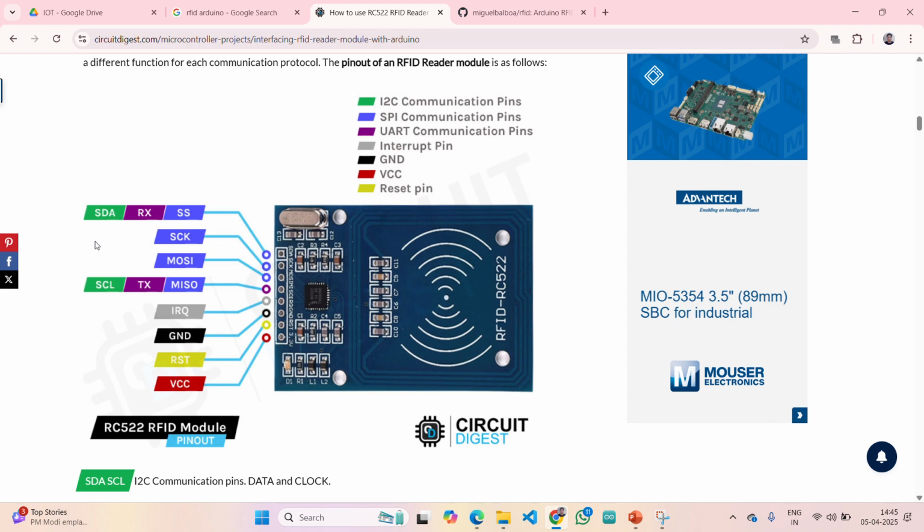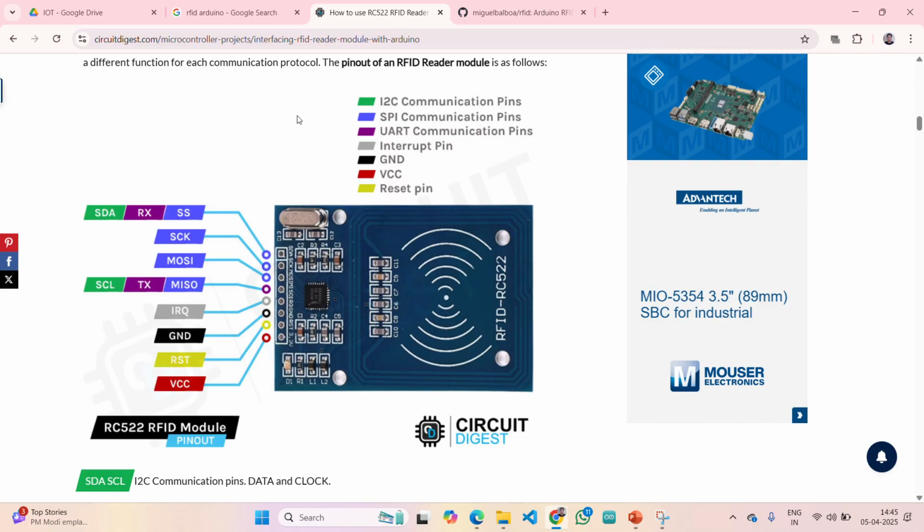We are going to use blue and green only, guys. The purple one we are not going to use, SDA and one more is SCK. Now coming here, you can see the I2C communication pin. SDA is the I2C communication pin, and the remaining ones are SPI communication pins.